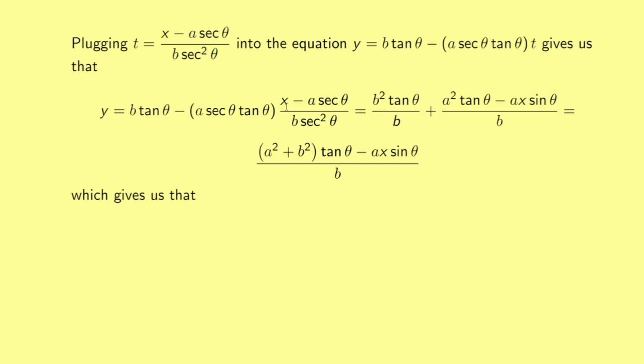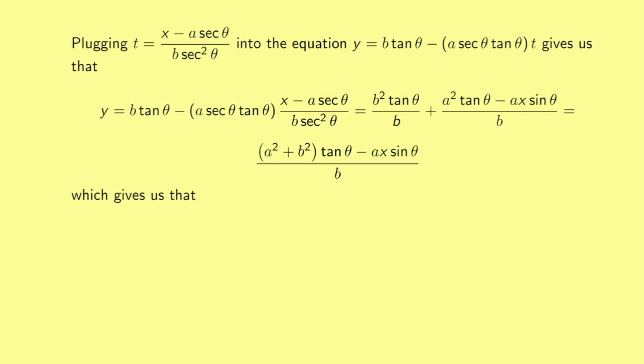Since we have a minus here, this minus with this minus becomes a plus, and this minus with this x becomes a minus. And since we had secant squared here, we can cancel this secant with this secant.